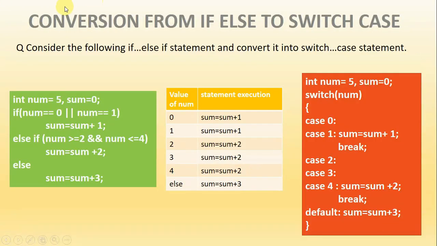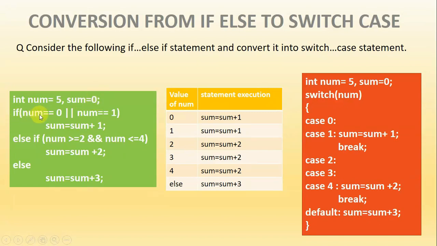Now let us do a conversion from if-else to switch case. So consider the following if-else statement and convert it into a switch case statement. Let us see what if-else statement is given in this question. int num = 5, sum = 0.